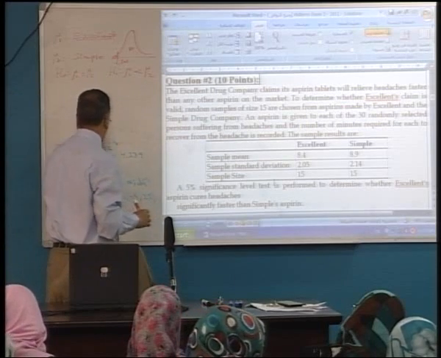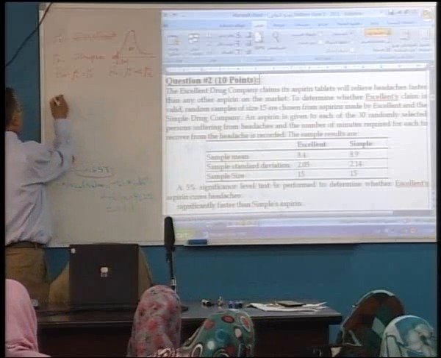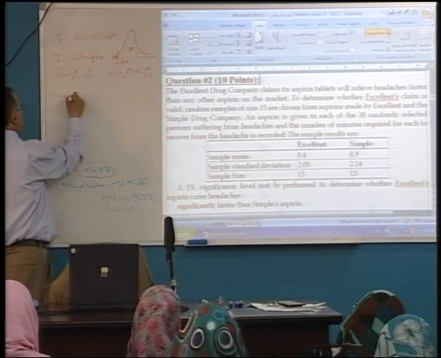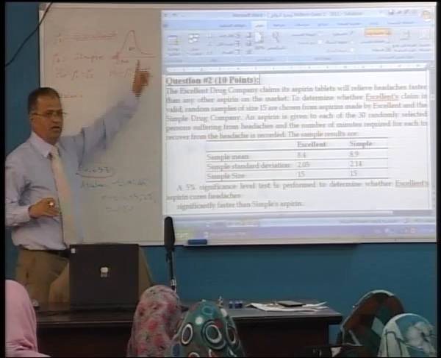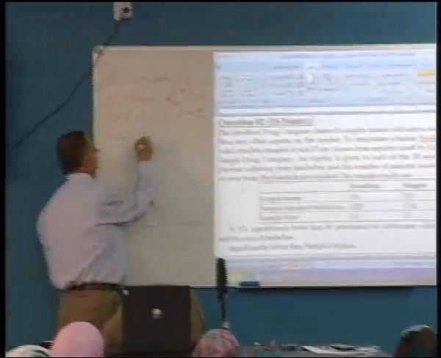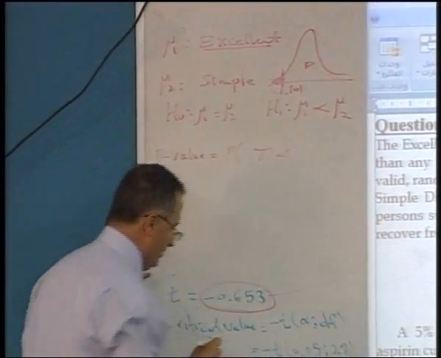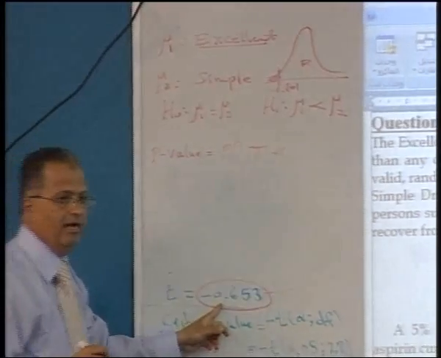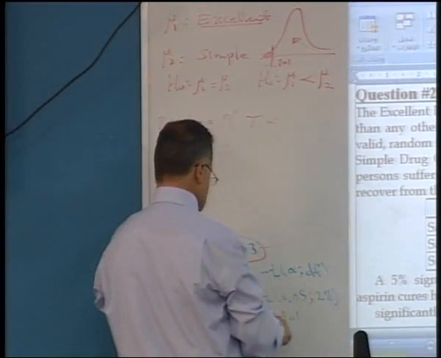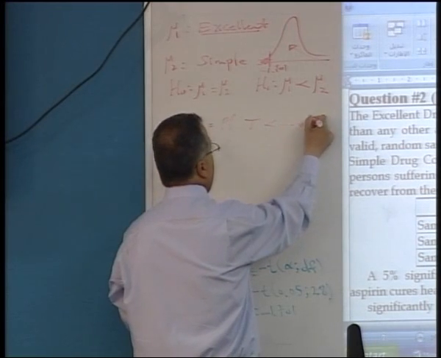Or you may use the p-value approach. Now, since the alternative is mu1 is smaller than mu2, the p-value is the probability of t smaller than negative 0.653.